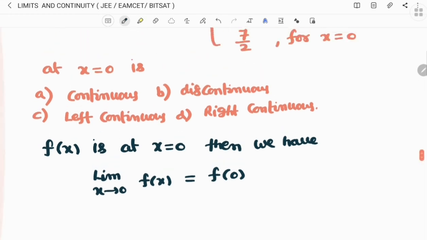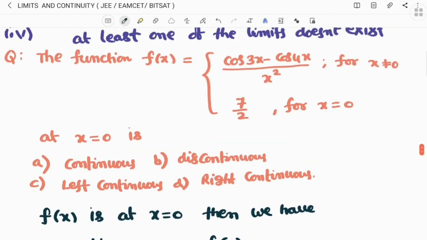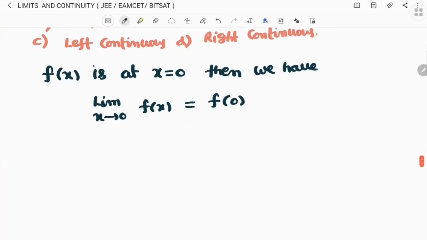So the f of 0 value is given in the question. At x equal to 0, f of x value is 7 by 2. Observe carefully here. So given f of 0 equal to 7 by 2, put that as equation number 1. If you prove that limit x tends to 0 of f of x is also 7 by 2, then the function is continuous, if not, discontinuous.